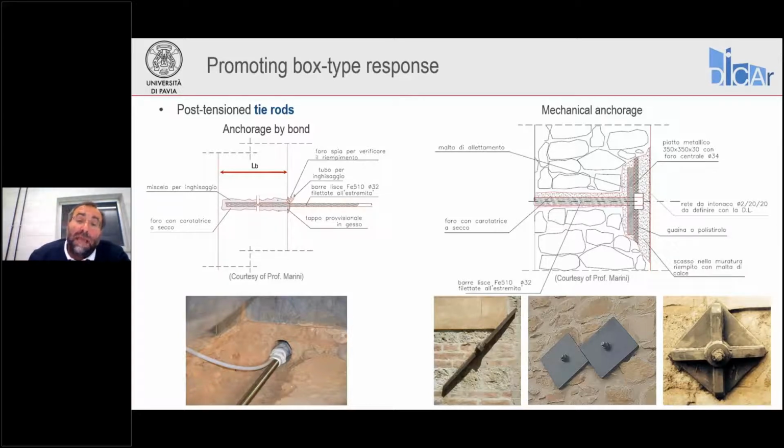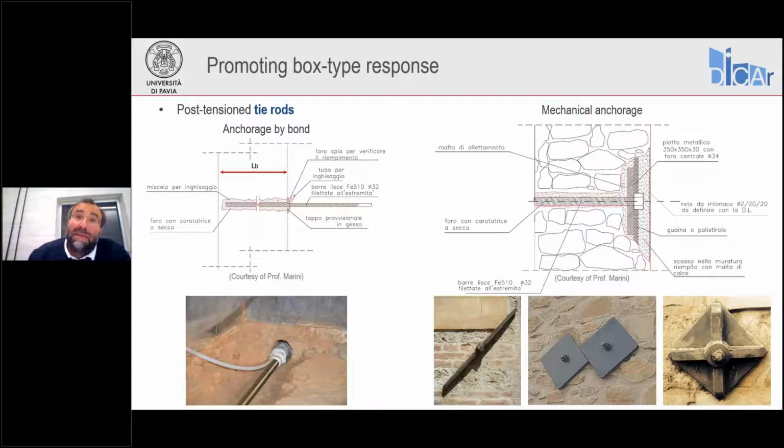The anchor system is a delicate part of this retrofit solution, because it needs to transfer quite high forces when an overturning mechanism tries to activate. So the bearing plate must be big enough to apply a pressure to the masonry which is not excessive for the masonry strength itself.